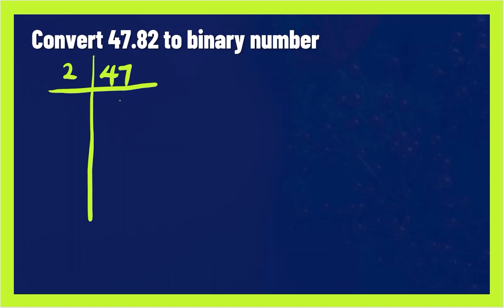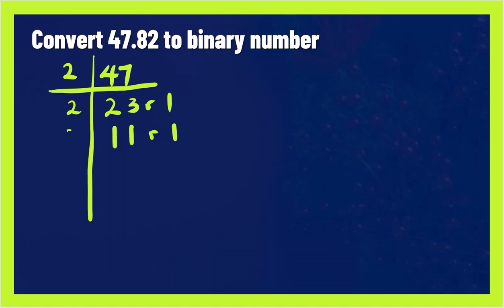2 in 4, that is 2. 2 in 7, that is 3, remainder 1. Okay, again we divide repeatedly by 2. 2 in 2, that is 1, and 2 in 3, that is 1, remainder 1.